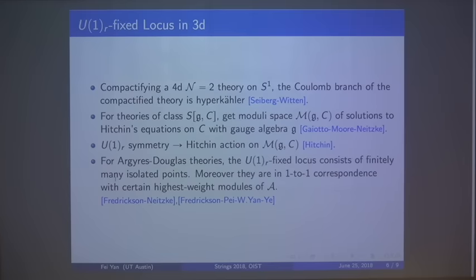And those are exactly the modules that appeared in the character expansion of the line defect Schur index. Those are based on recent work by Andy and Laura, and further Du, Wenbin, and Kevin.